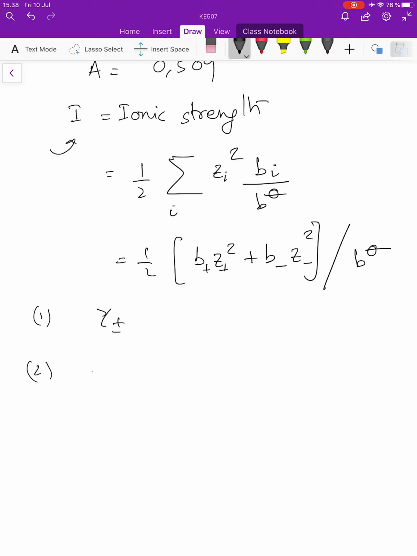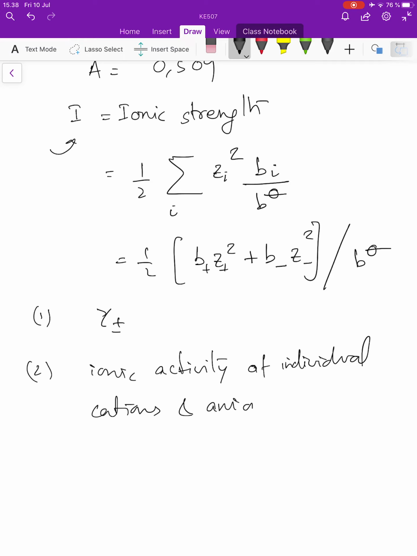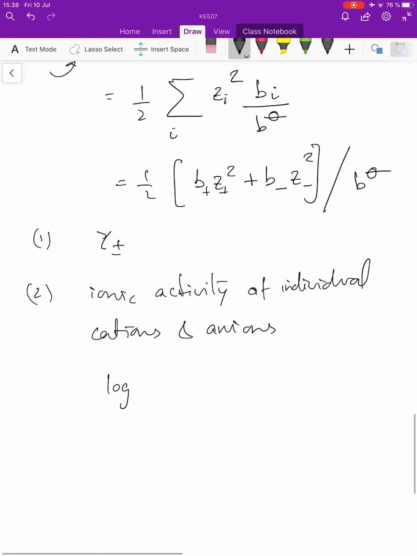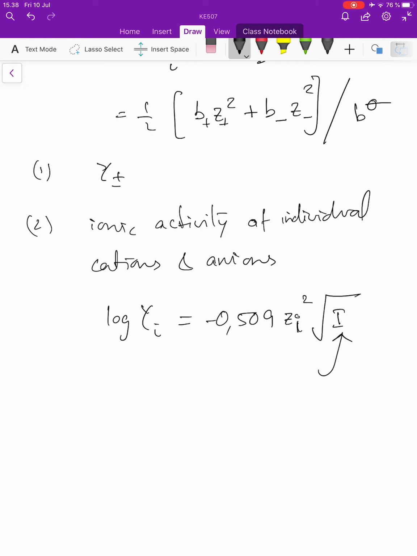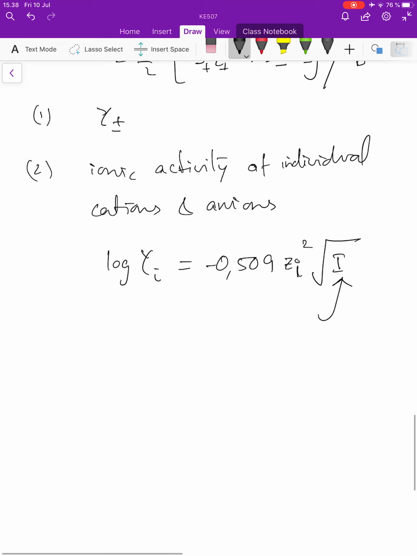Second, the equation can be used to calculate the ionic activity of individual cations and anions. And this you can simply do by log gamma i for the ith cation, and in this case you have Z i squared multiplied by the square root of I. Remember again that I refers to the ionic strength of the entire electrolyte.